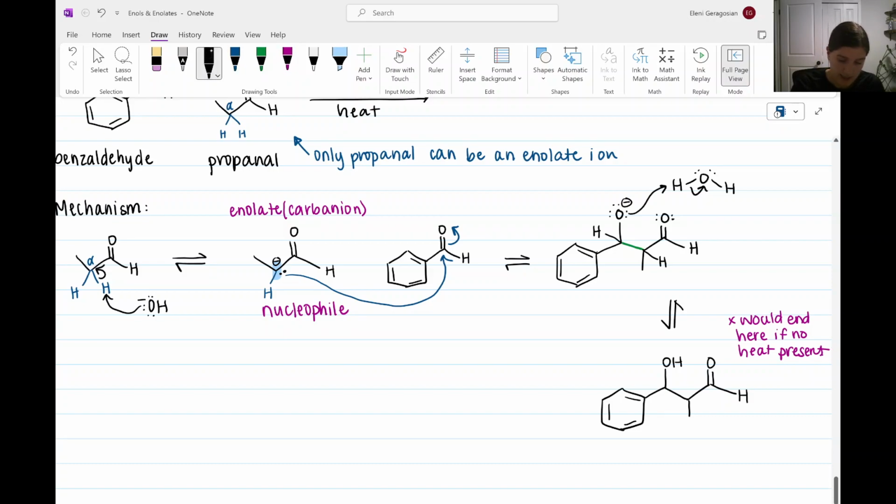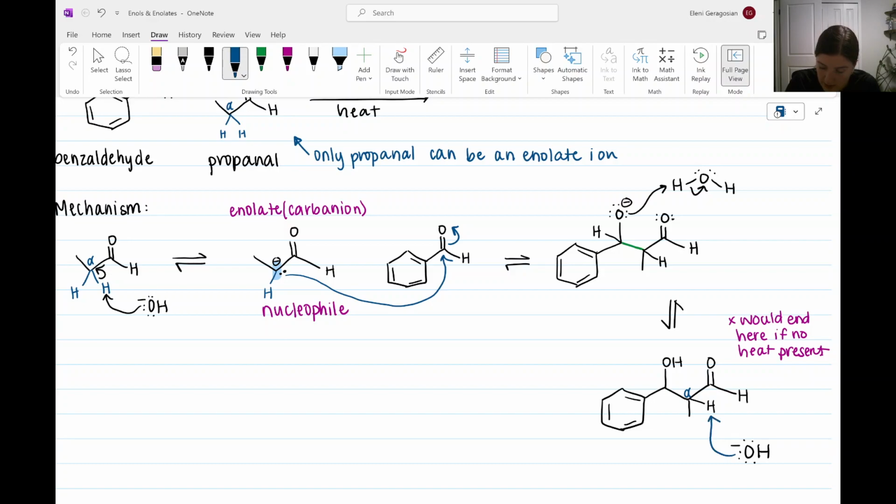And the next step is, again, we're working with base, and this base will remove an alpha hydrogen, and it removes the hydrogen at the alpha carbon that had previously lost a hydrogen. So that's this one here. This is the alpha carbon to the carbonyl carbon. This is the alpha hydrogen.